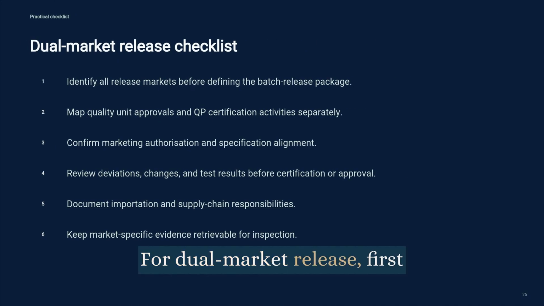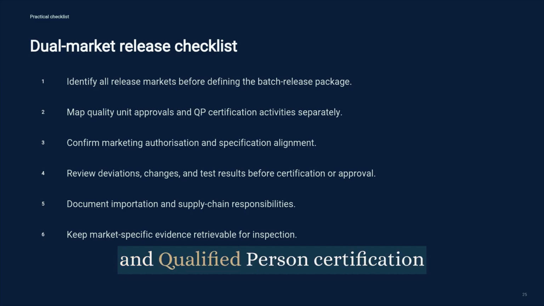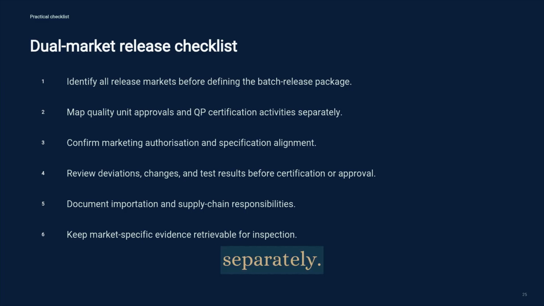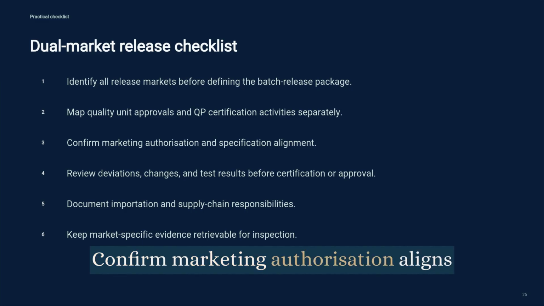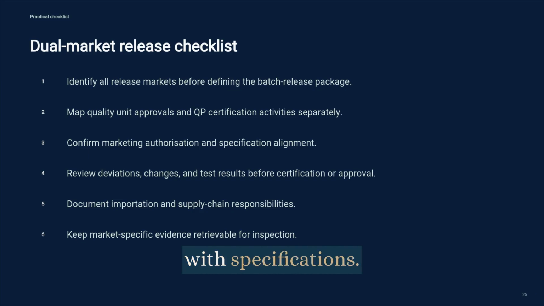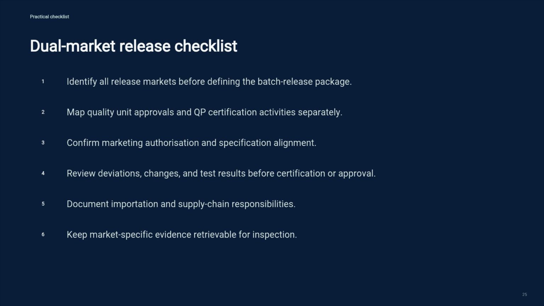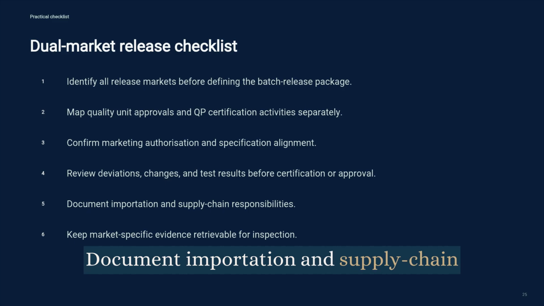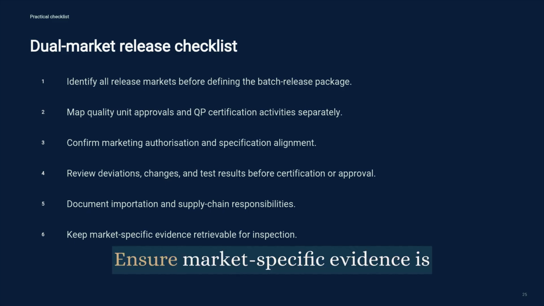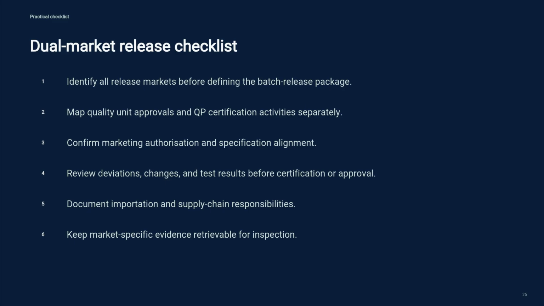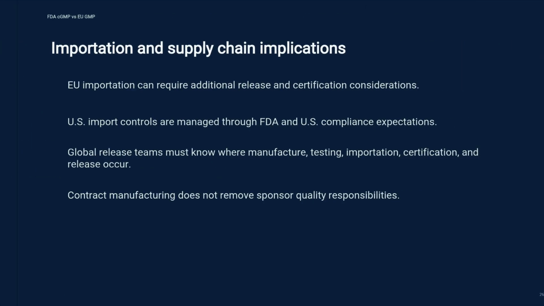For dual market release, first identify all target markets. Map quality unit approvals and qualified person certifications separately. Confirm marketing authorization aligns with specifications. Review deviations, changes, and test results before certification. Document importation and supply chain responsibilities. Ensure market specific evidence is retrievable for inspection.